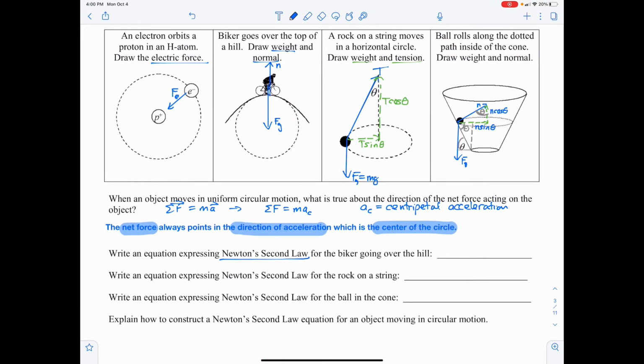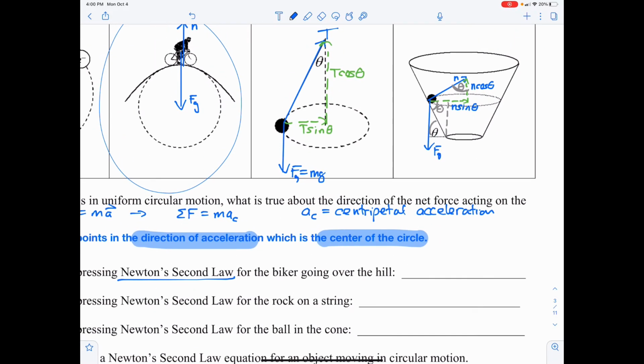Okay, write an expression for Newton's second law for the biker going over the hill. So this example right here. Well, what's the force that causes the bike to go in a circle? Well, that would be the force that's pointing towards the center of the circle. That'd be gravity. So we've got the force of gravity. And just like we had for net force, causing force minus opposing force equals ma.